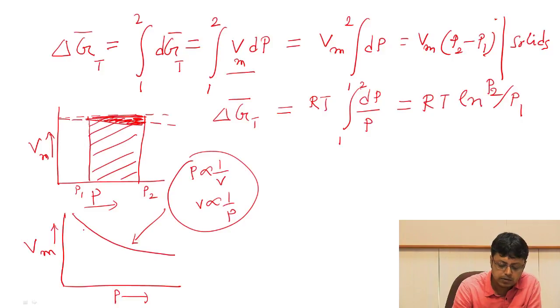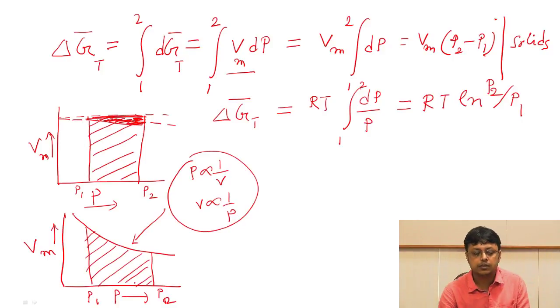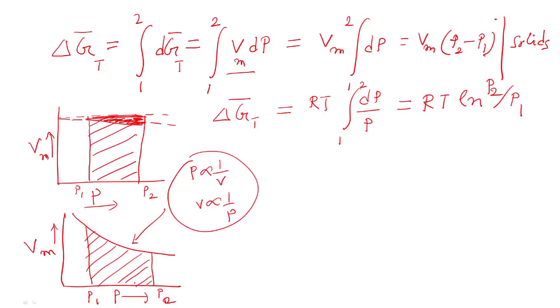So this is the curve, and if we take one lower limit, which is P1, and one upper limit, which is P2, then the change in Gibbs free energy will be nothing but the area under this curve.